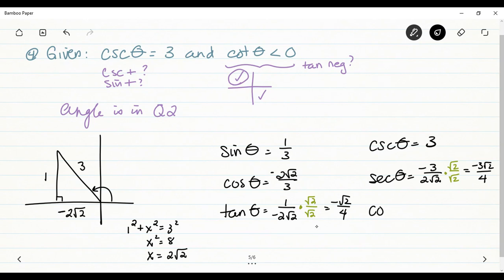To finish this up, cotangent theta is, go back to the original, and it's just negative 2 root 2. Okay? You can write it over 1, but that's certainly not most simplified. That concludes this video, and you can now work on the homework.